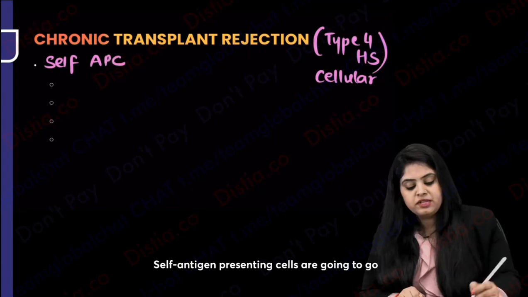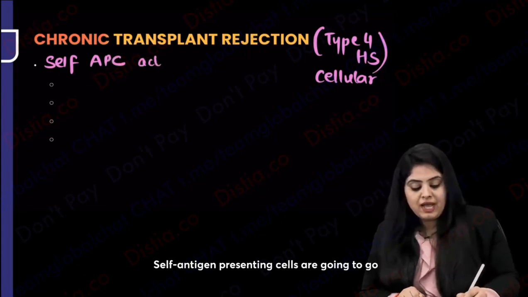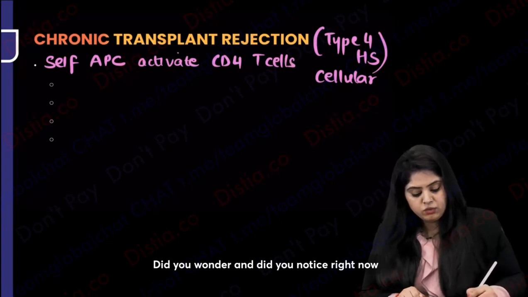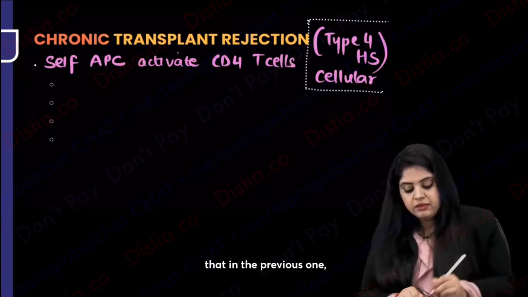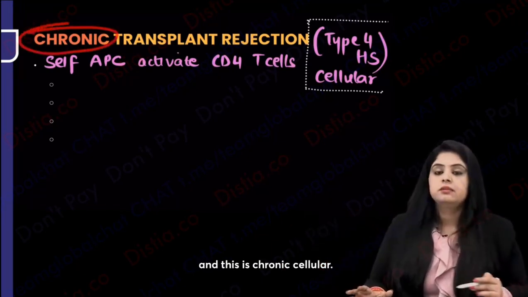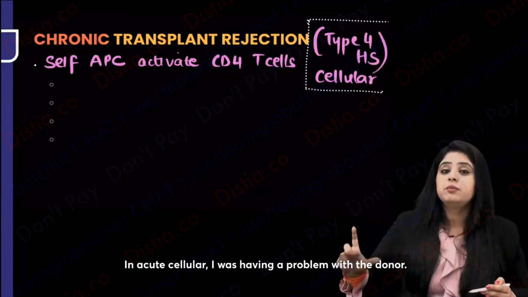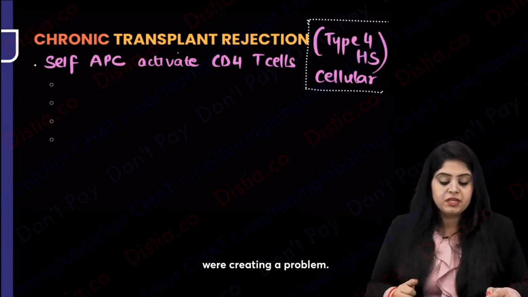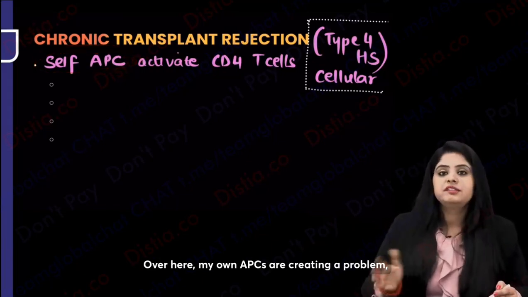Self antigen presenting cells are going to go and activate only the CD4 T cells. Did you notice that in the previous one, that was also acute cellular and this is chronic cellular? In acute cellular, I was having a problem with the donor. The donor APCs coming into my body were creating a problem. Over here, my own APCs are creating a problem.